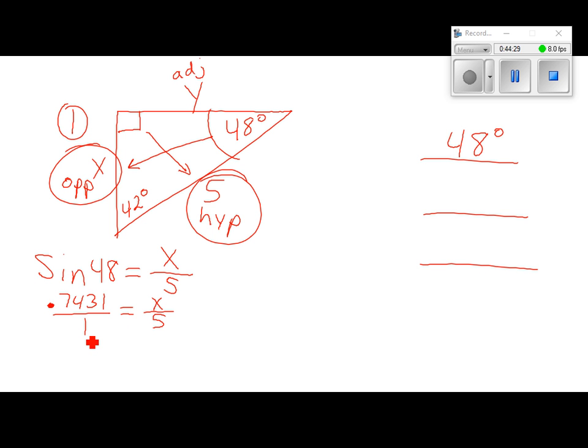Now we cross multiply. 1 times x gives you what? 1x, or just x. That's nice because now we're not going to have to divide. We multiply this way. What's 5 times that number? 3.7155. Now we want to round it off because that's a side, right? So what are we going to round that off to? 3.7. That's our second answer.